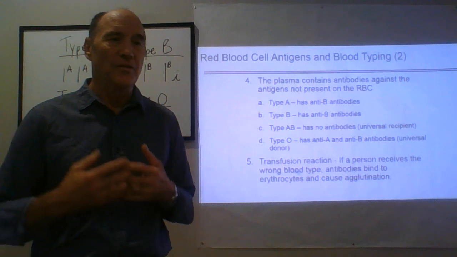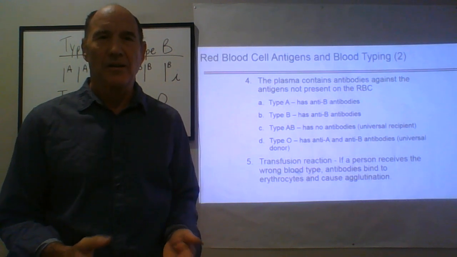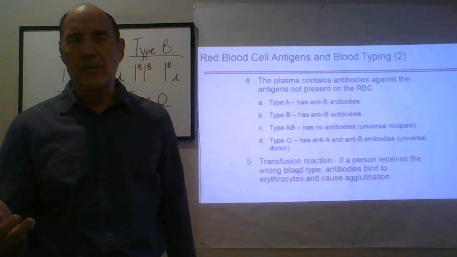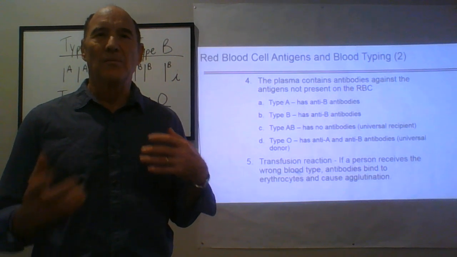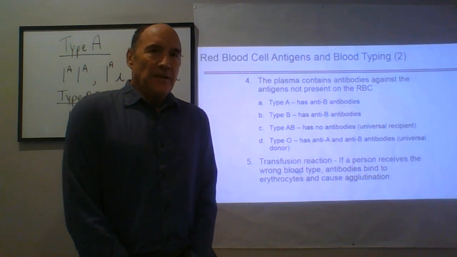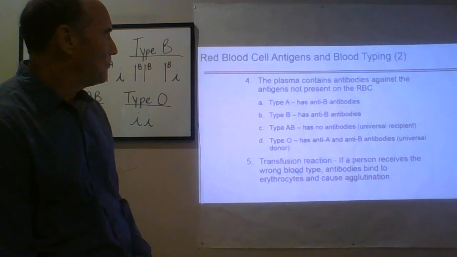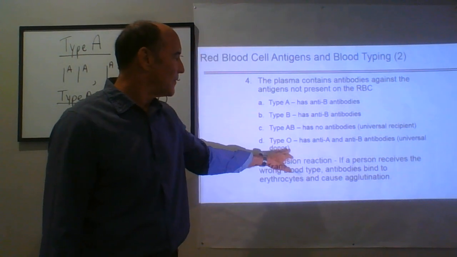You know, the immune system attacks foreign antigens, something that's foreign to your body. So if you had type A blood and you were given type B blood, that's a foreign antigen, and your immune system would recognize that and attack it. So you have to match blood. So AB positive actually is the universal recipient.